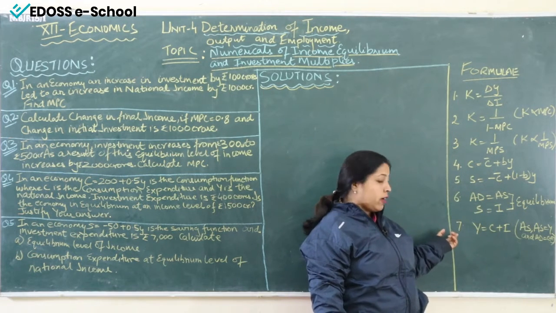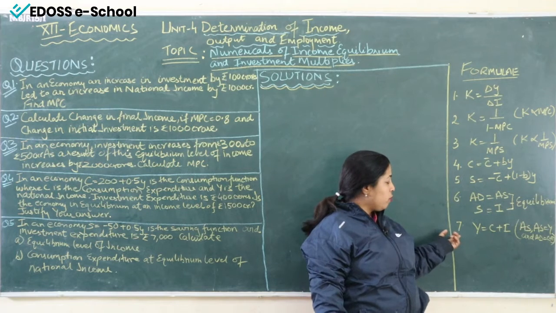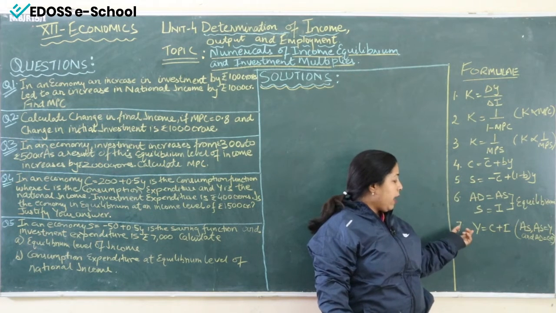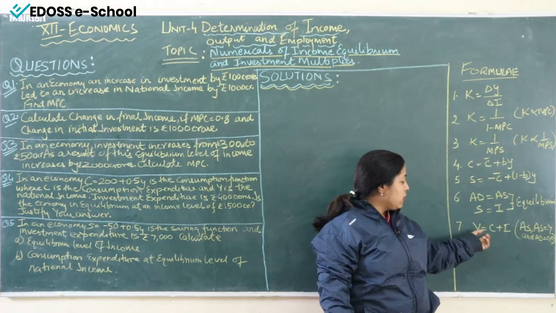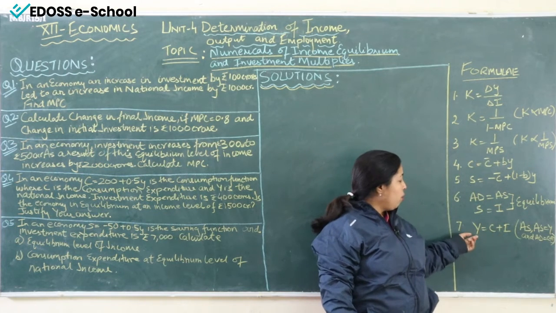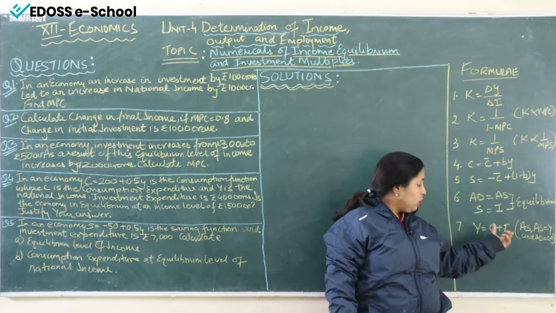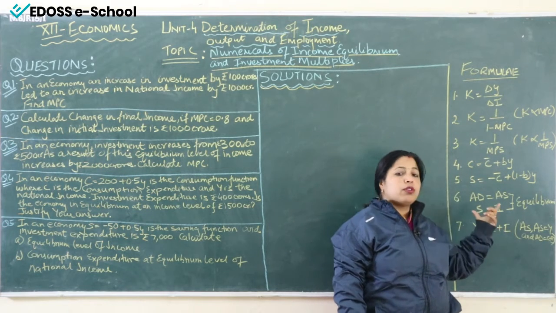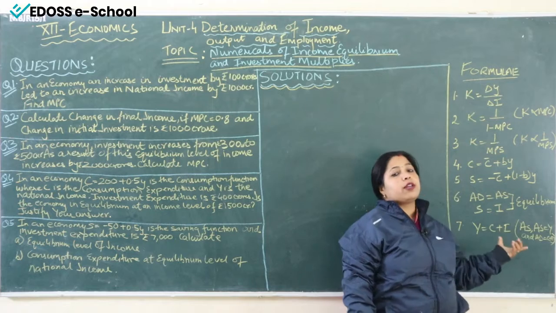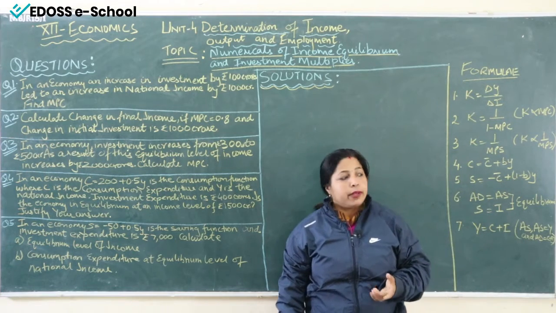And here is the last formula which can be utilized at equilibrium level: Y is equal to C plus S. As you all know, Y is AS and AD is C plus I.